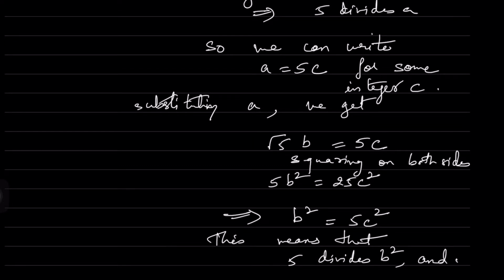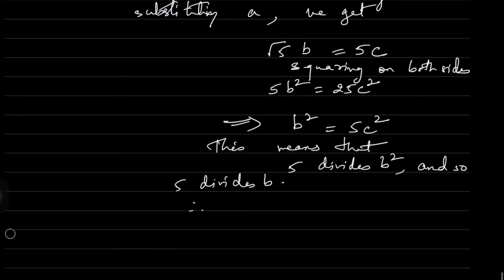So what do we get from this? We get 5 divides b square, and so 5 divides b. So a and b have at least 5 as a common factor.